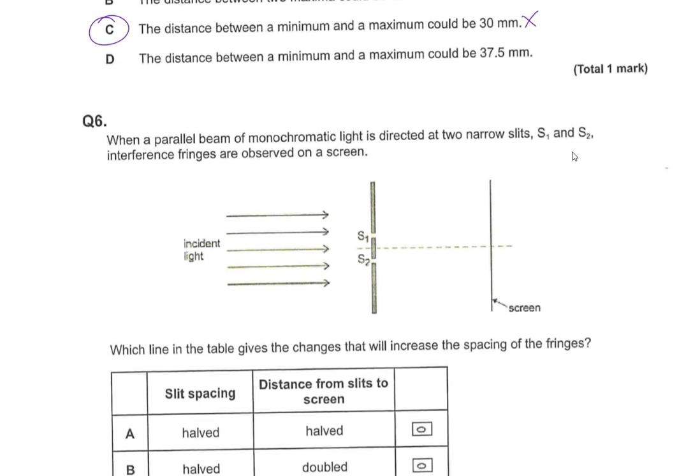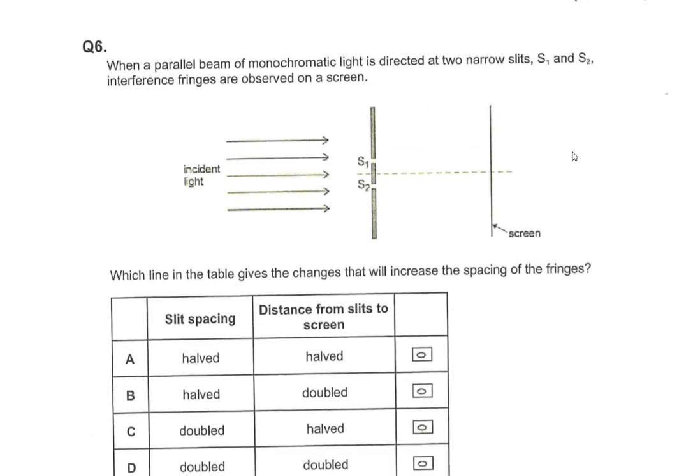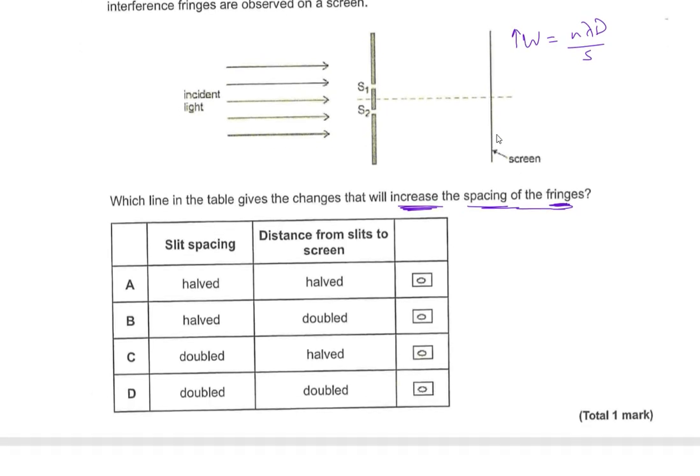Okay. Now this has to do with the equation. Straightforward. Okay, so which line in the table will give the change that will increase this one here? Okay, so you're increasing the spacing of the fringe. Okay, so fringe separation goes high. As it goes high, what's going to happen?